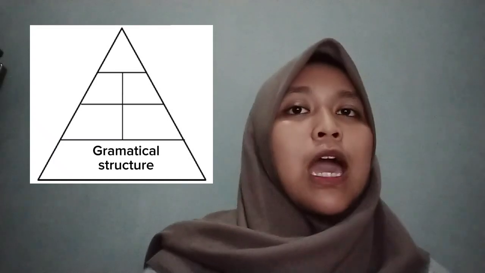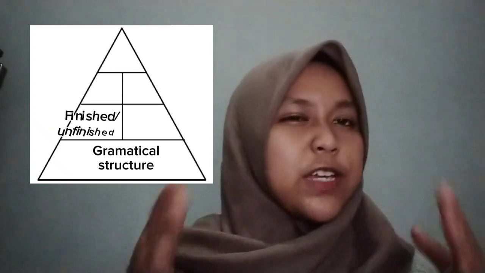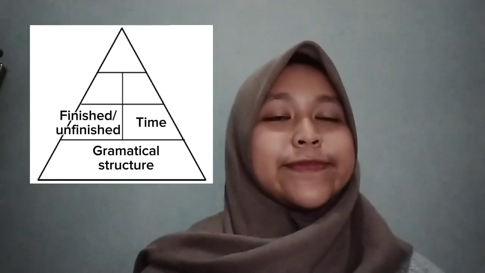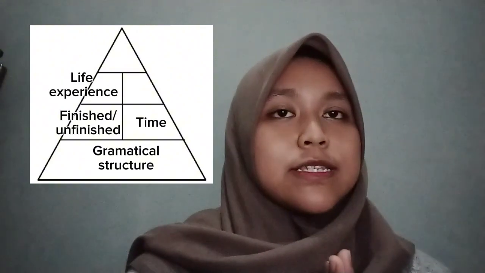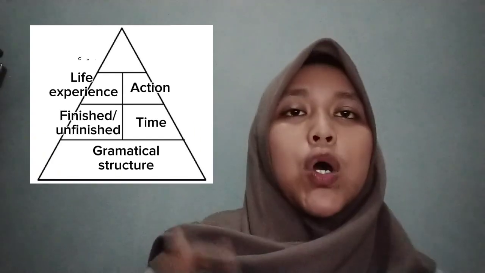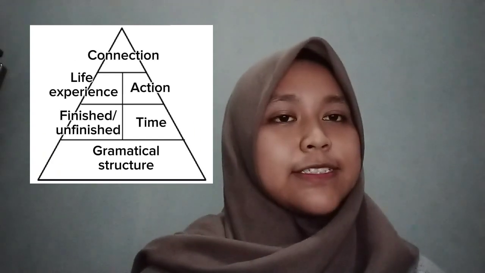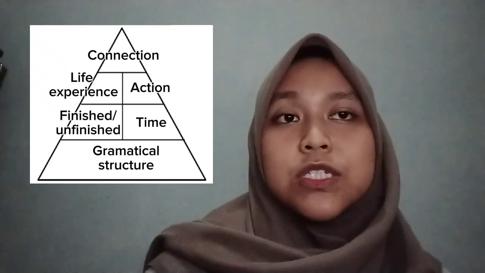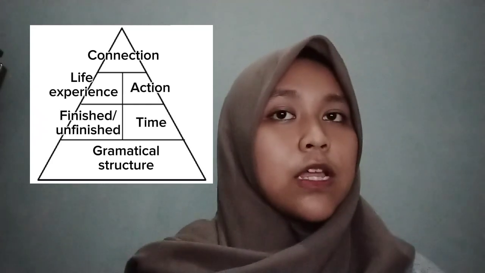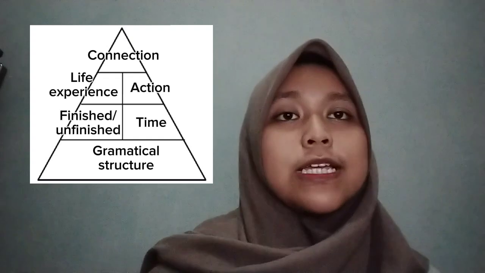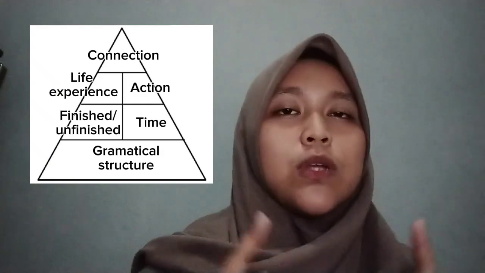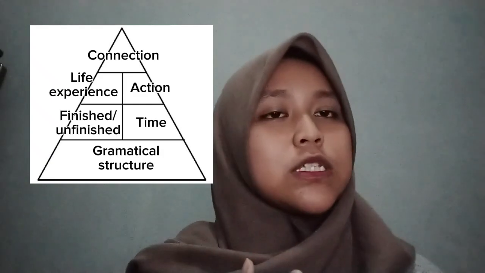Then, everything else is about finished and unfinished time, life experience, action, and the last one, connection to the present. The larger parts of the pyramid are pretty simple. It's the top part of the pyramid, in my experience, that students find the most confusing. Don't worry, I'm going to give you lots of examples.